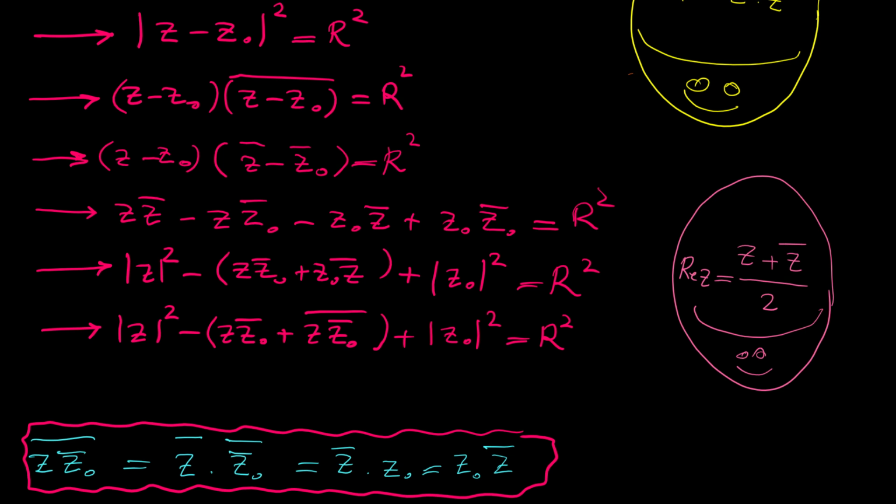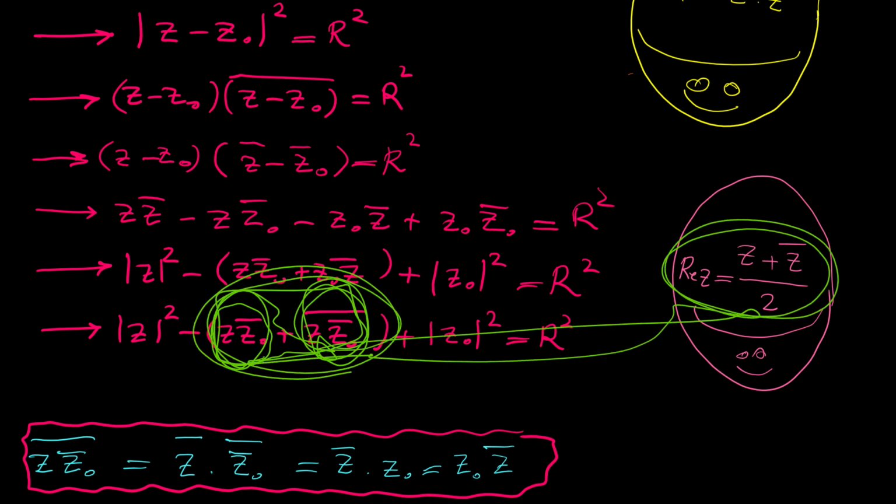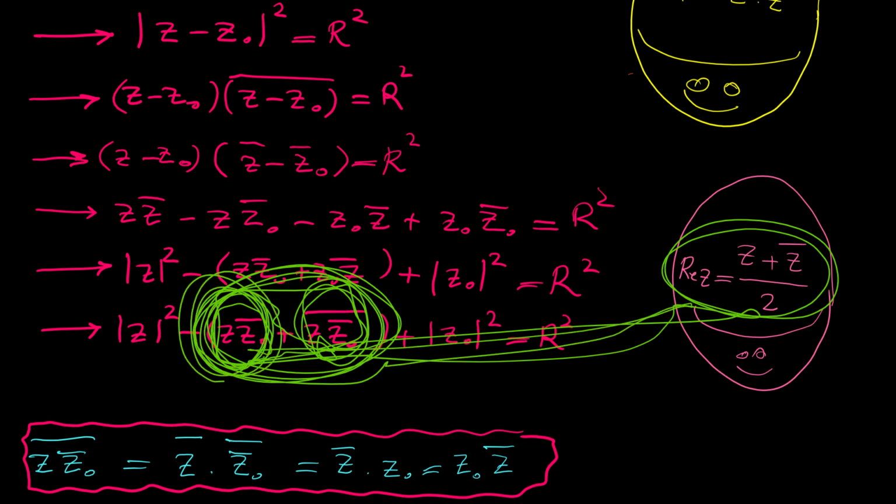We multiply both sides of this relation by 2. Now look here. In this bracket, we have a complex number and its conjugate added to each other. Based on this relation, we can replace this with 2 real of this complex number.